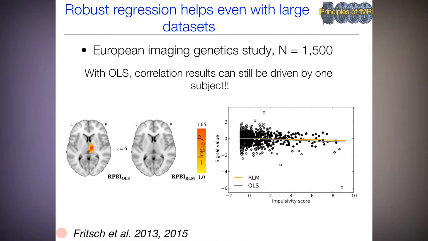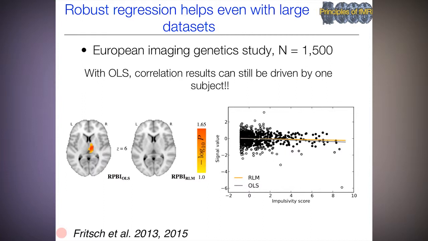And when they look at what's happening in the thalamus, this is a correlation between impulsivity and brain scores, and then they plot that correlation, you can see that there's extreme heteroscedasticity, there's inequality of variance, and there's a skew in the impulsivity score, so that there's a heavy tail on the right end. And that means those points have a lot of leverage.